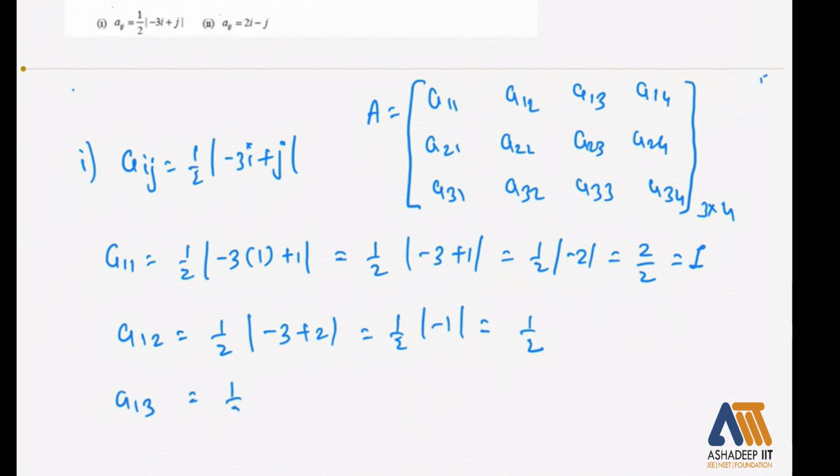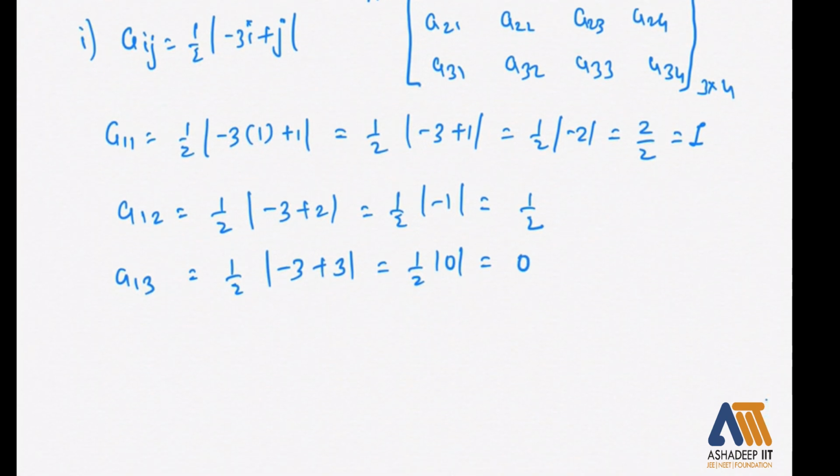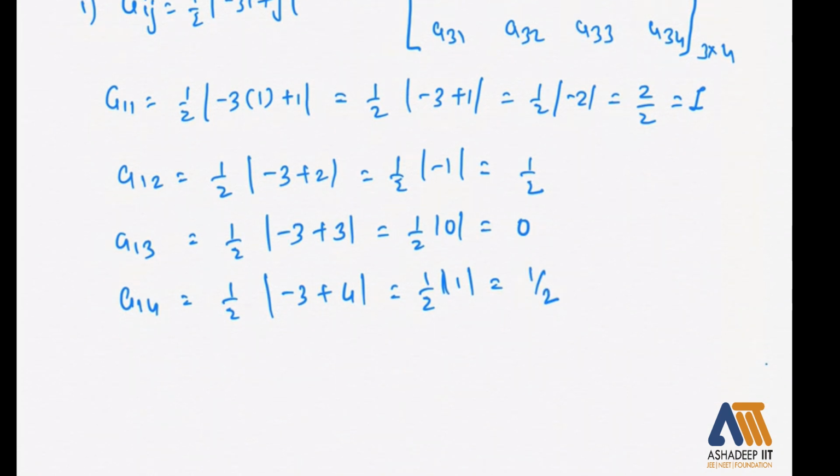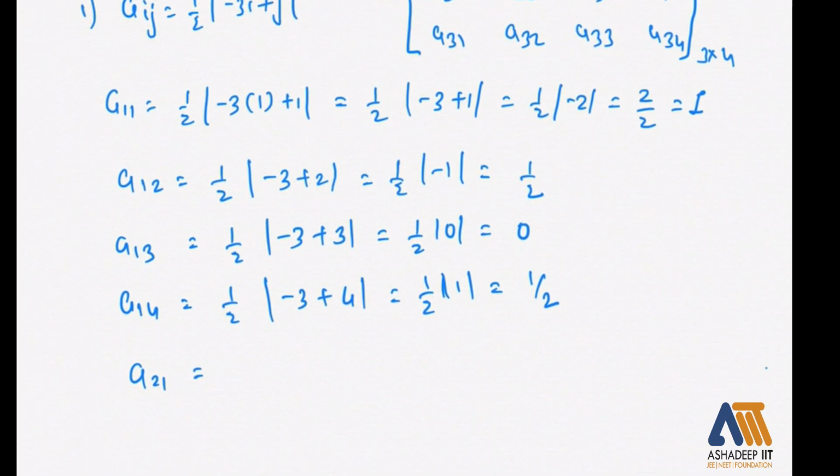A13: 1 upon 2 modulus of minus 3 plus 3, that is 1 by 2 modulus of 0, which is equals to 0. Next A14: 1 upon 2 modulus of minus 3 into 1, that is minus 3 plus 4, so 1 by 2 into modulus of 1, which is equals to 1 upon 2. Same way you need to find remaining elements.